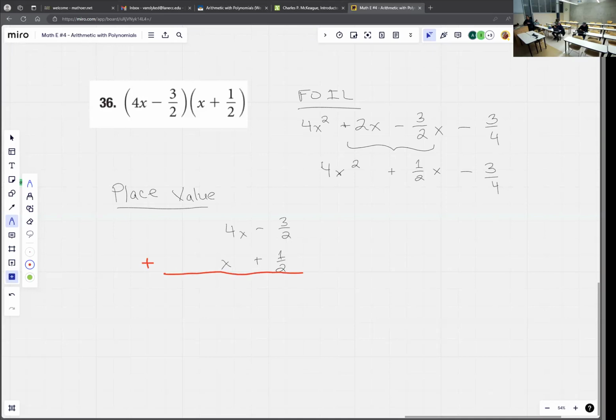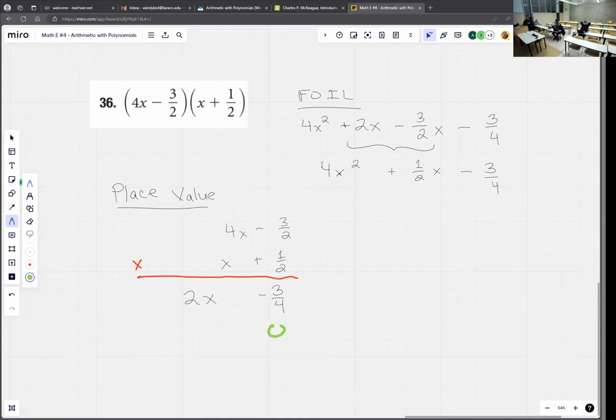Okay, so, whoops, not times. So 3/2 times 1/2, one of them is negative, so that's -3/4. Then going this diagonal, 4x times a half, that's our 2x.